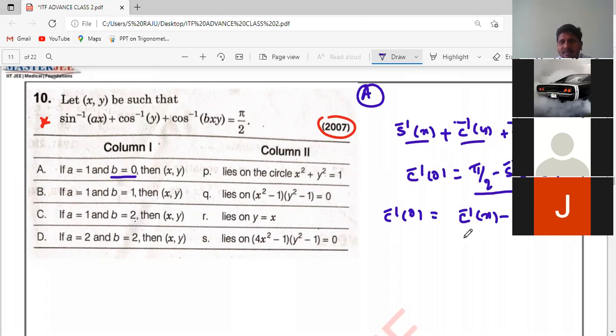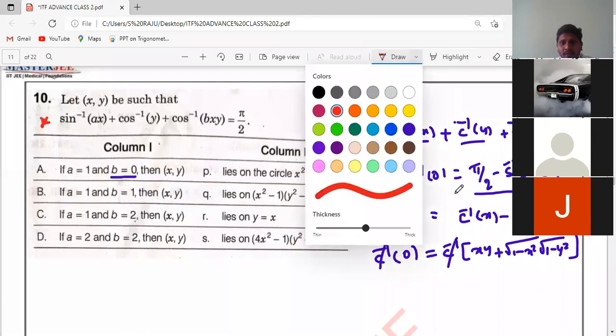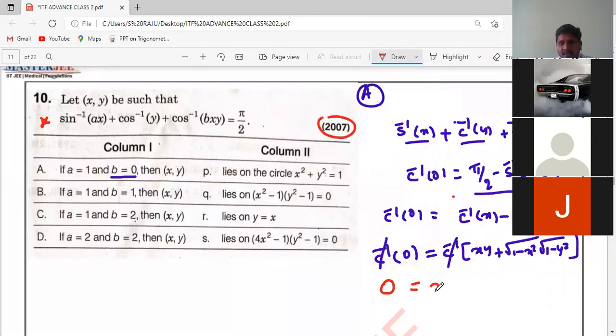Since we know that this is a direct formula, cos inverse X minus cos inverse Y is cos inverse of xy plus root over 1 minus x square, root over 1 minus y square. That's it. So both sides you can cancel cos inverse. Left side is 0. Right side is xy plus root over 1 minus x square, root over 1 minus y square.